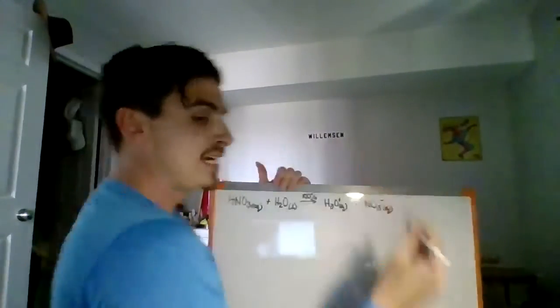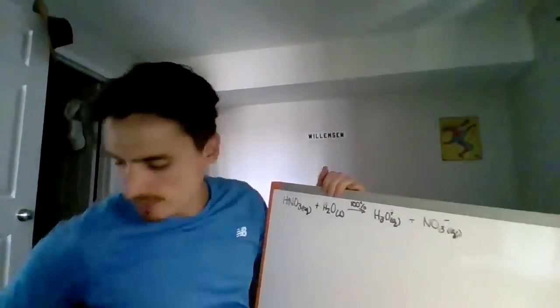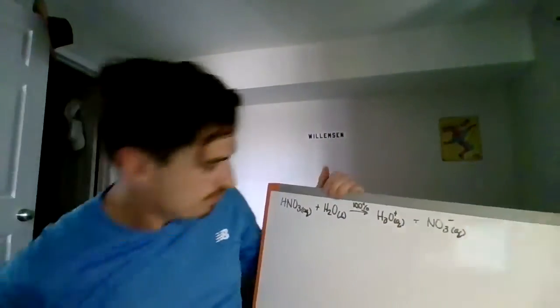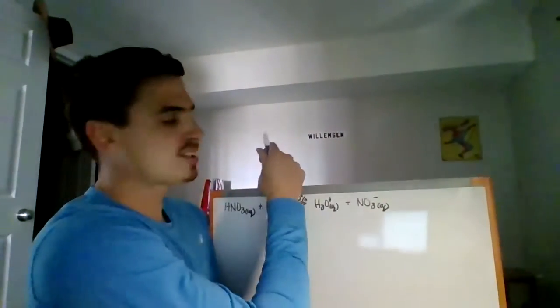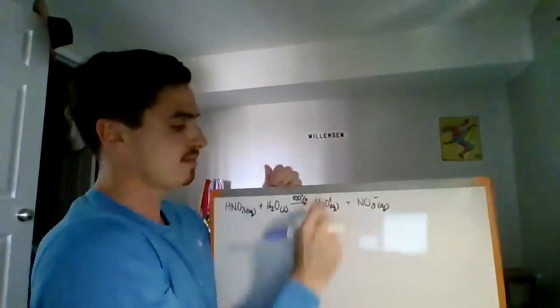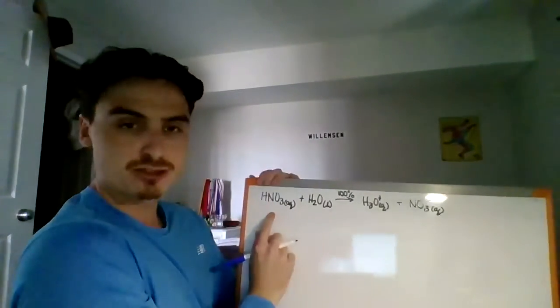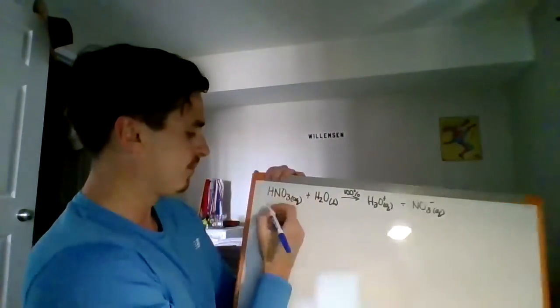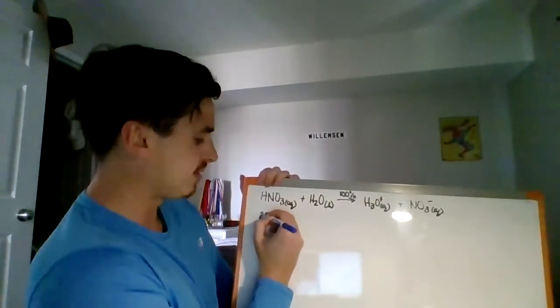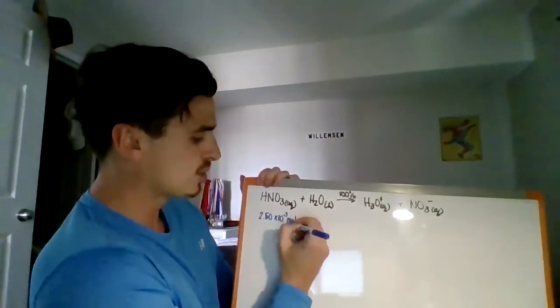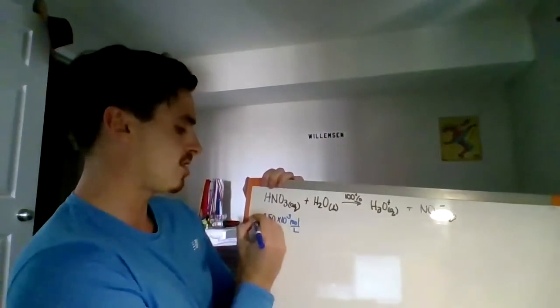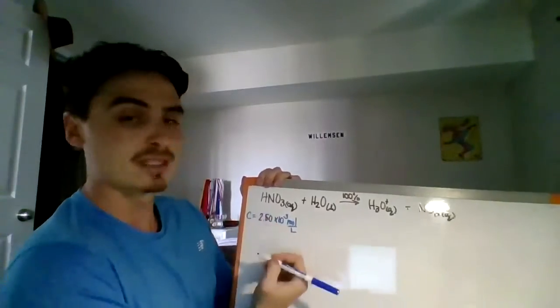Now, all of you ladies and gentlemen know the molar coaster. You know that I love it and that I preach it, okay? If you look at the question, it didn't give us the concentration of hydronium, okay? It gave us the concentration of HNO3. Now, if I just write that underneath, 2.50 times 10 to the negative 3 moles per liter, okay? I'm going to write that's the concentration of nitric acid.